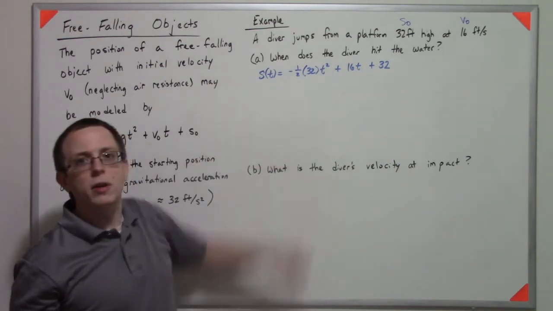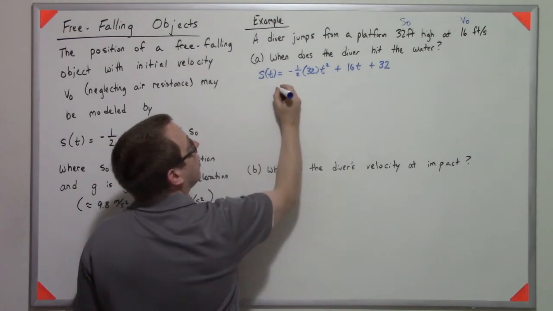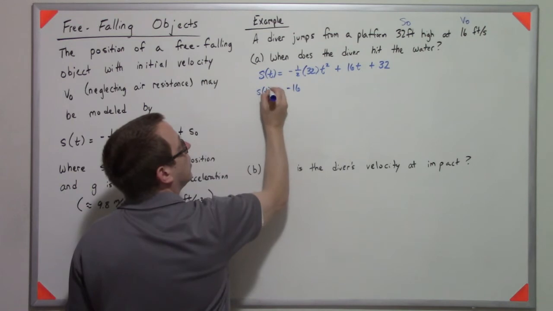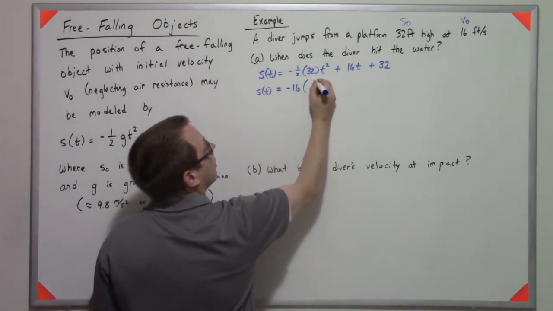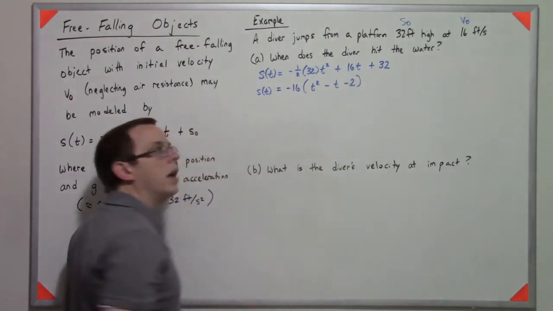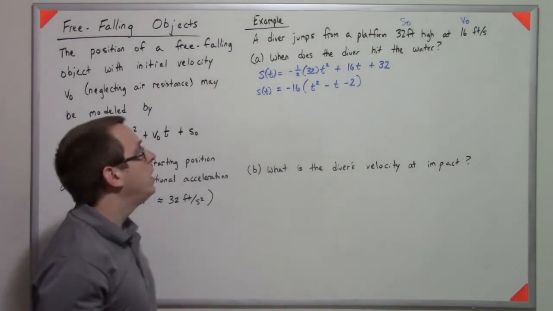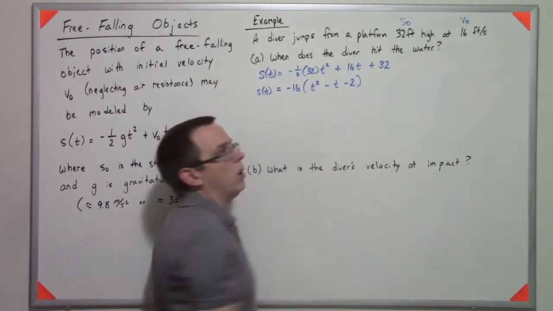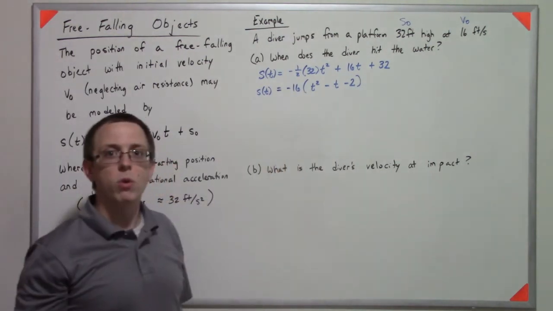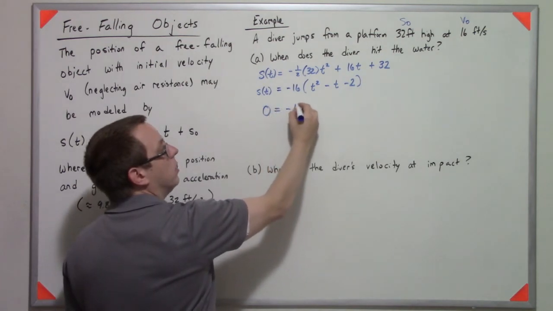Now this is going to turn out to be negative 16t squared, so why don't I factor out a negative 16 and write the function that way. The reason I'm doing that is because I'm trying to find when I hit the water, so I'm trying to find when the output of this function is 0. Ultimately, I'm trying to solve this equation.